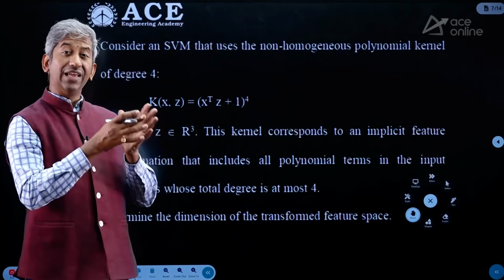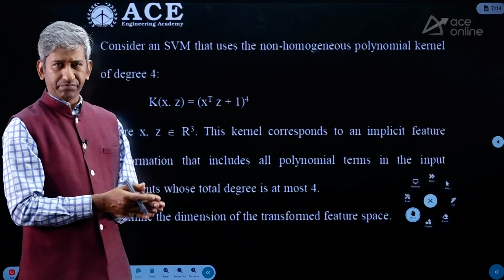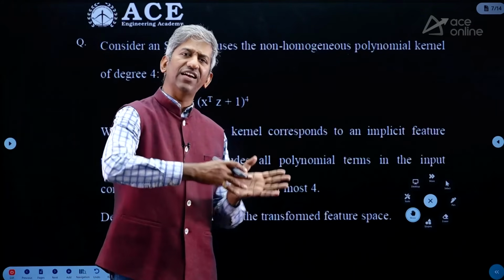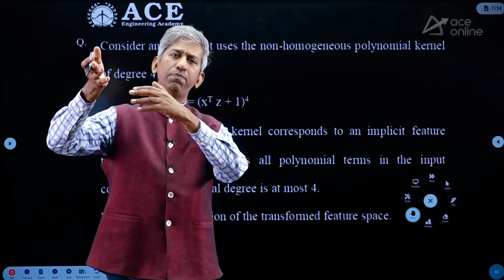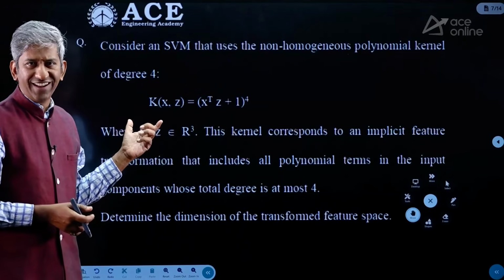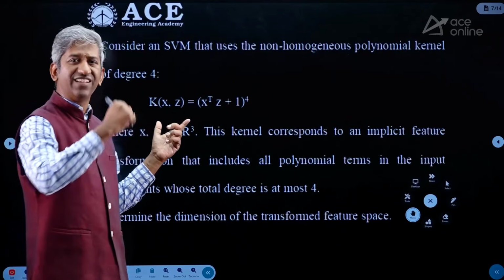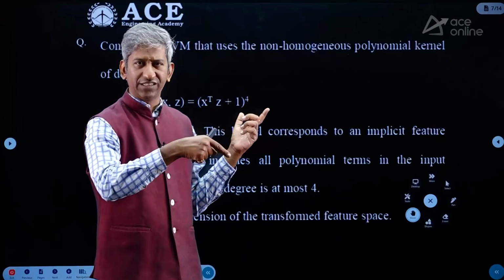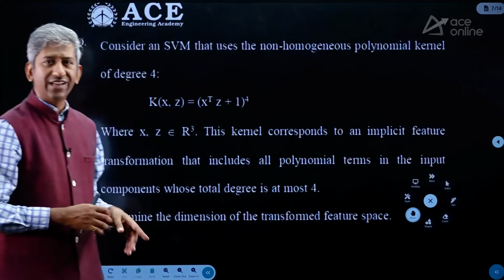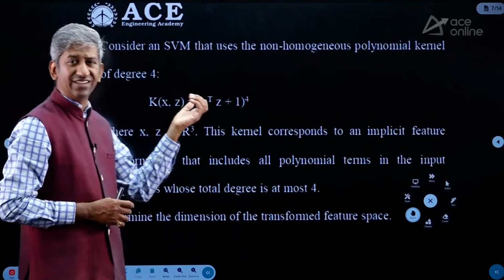And in the kernel trick, rather than transforming the entire data set into higher dimensional space and then getting their dot product, the kernel function is able to give the resultant of the dot product directly. So in that way, it makes things simpler.